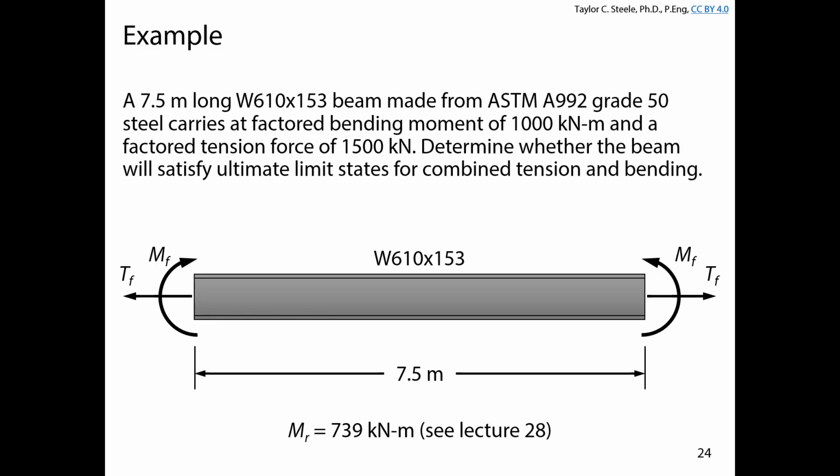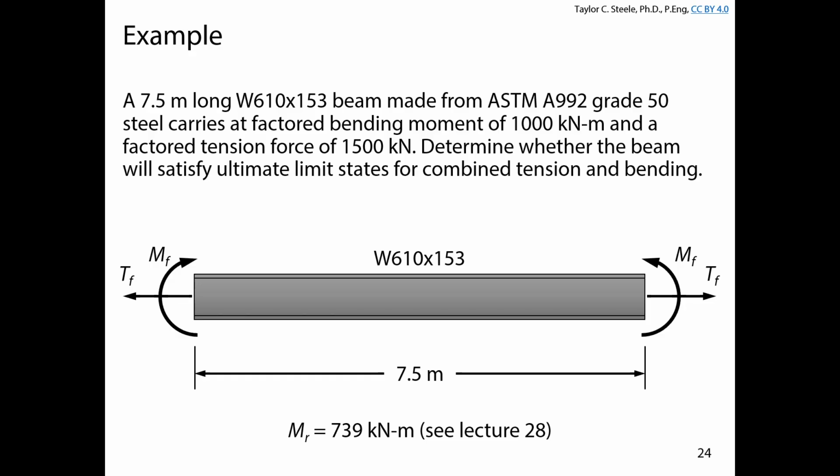If you look up the area in the handbook for the section we're dealing with, the area is 19,600 millimeters squared. And so now we've got enough information to check the interaction equation.